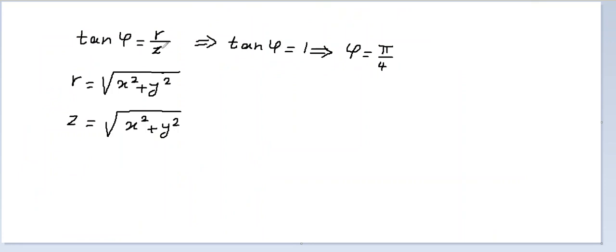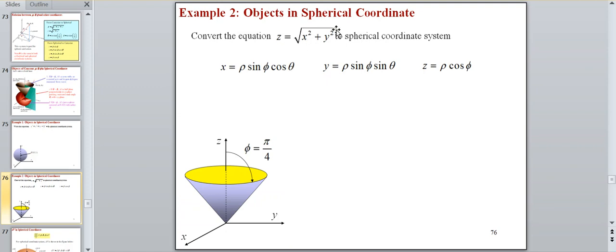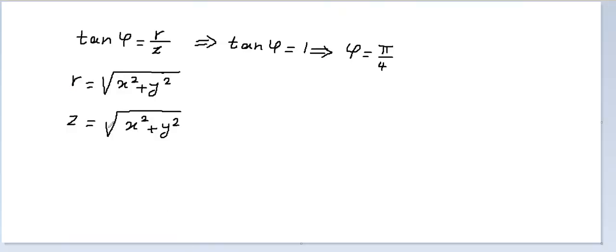Now r equals the square root of x squared plus y squared. And look at the Cartesian equation of this cone: z equals the square root of x squared plus y squared. So r and z are equal. So tangent phi equals r over z equals 1.